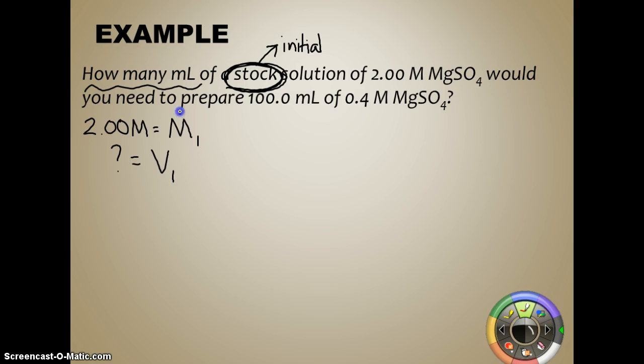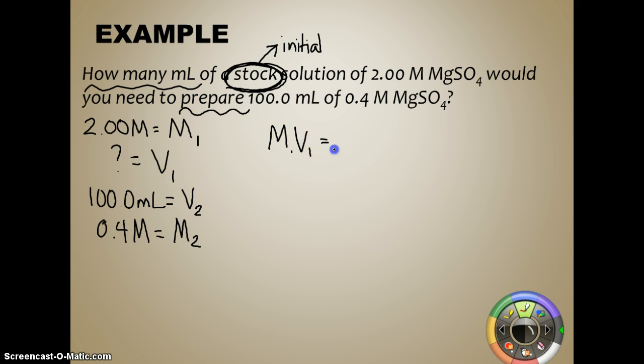And since we are preparing, that means that we are diluting. So the 100 milliliters is going to be our V2, and the 0.4 molar is going to be our M2. So M1V1 equals M2V2, and we are solving for V1, so you have to divide both sides by M1.